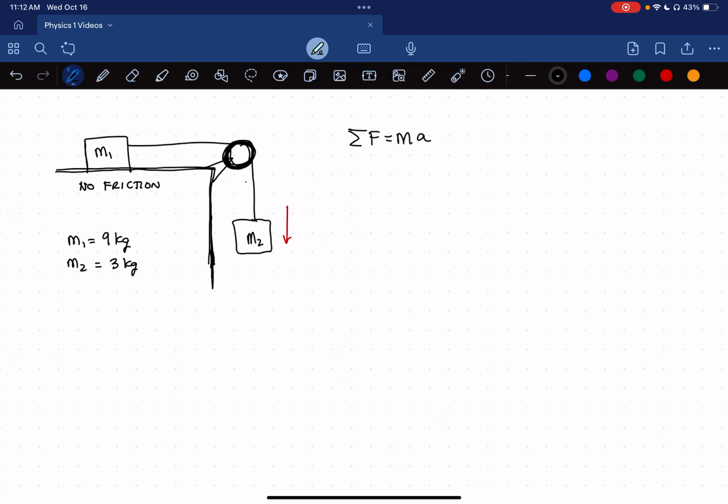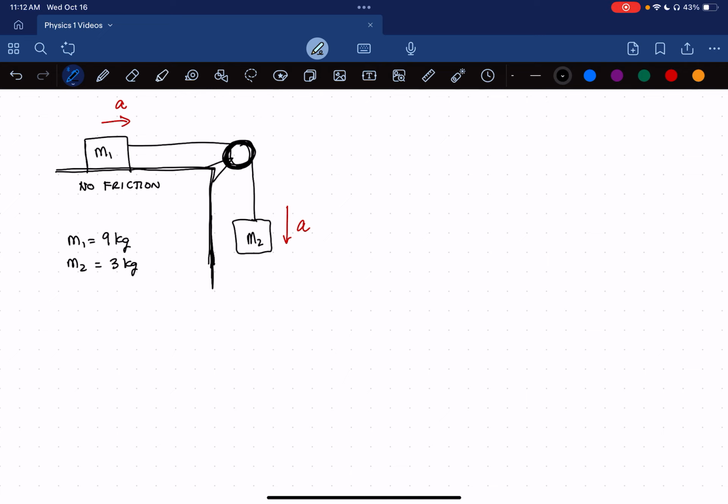There's no force opposing this force pulling down here because there's no friction. If there was friction, that would be a different situation. So this one will accelerate down, and this one will accelerate to the right, both with acceleration a. It's the same acceleration. The rope will not stretch.